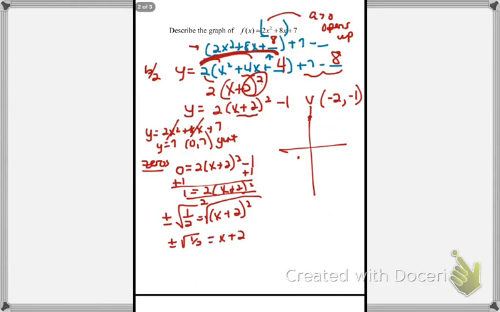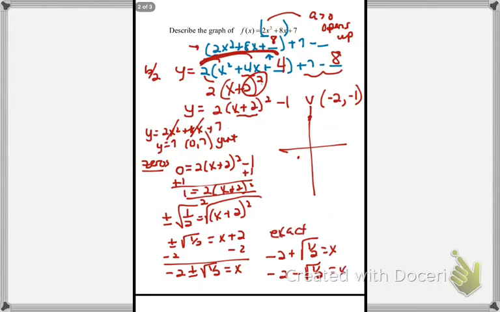To get x by itself, subtract 2. So your roots, or your zeros of your equation, are negative 2 plus radical 1/2 and negative 2 minus radical 1/2. These are your exact zeros.